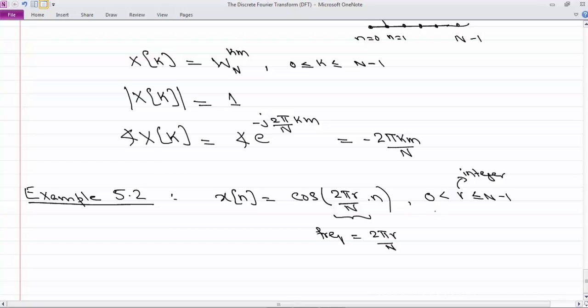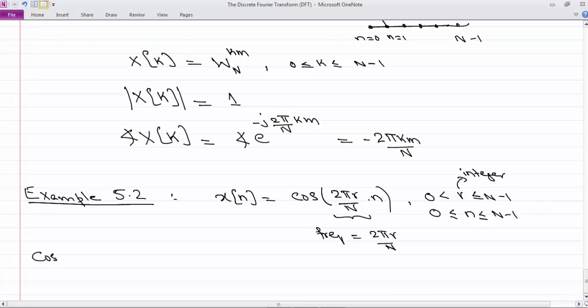In this case, I'm going to define the sequence to be of length capital N, which means this is effectively a cosine, but only over one period. I'm not looking at cosine from minus infinity to infinity because I'm trying to do the DFT.